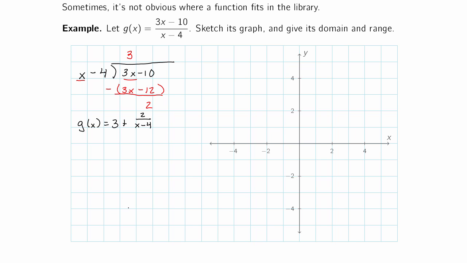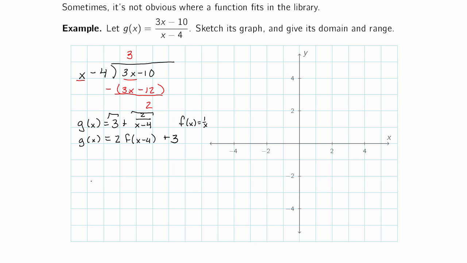Oh, well then, if we say f of x is 1 over x, g of x is, let's see, this term is 2 times f of x minus 4, and then this term we're adding 3.